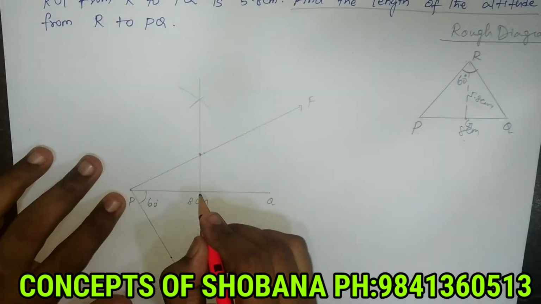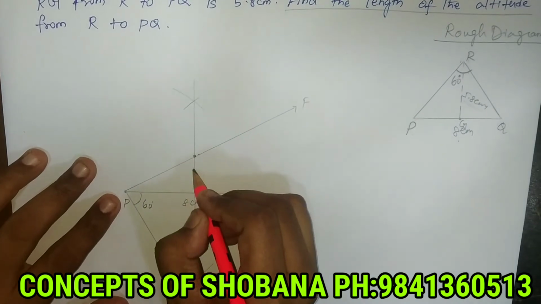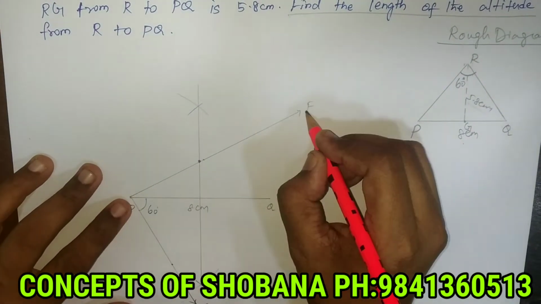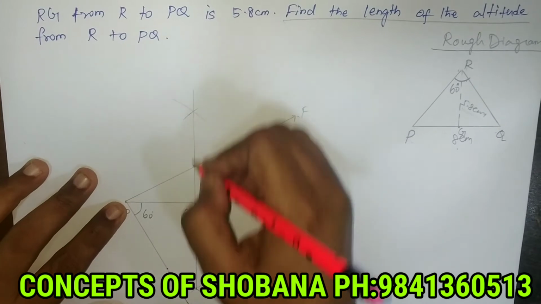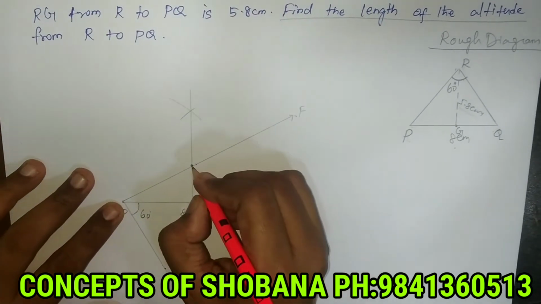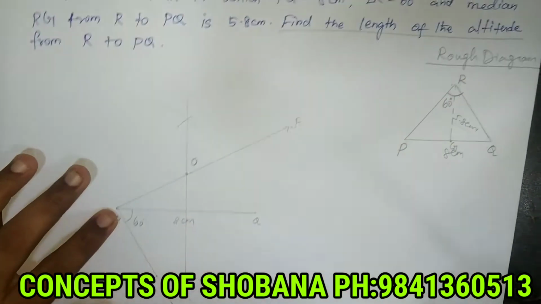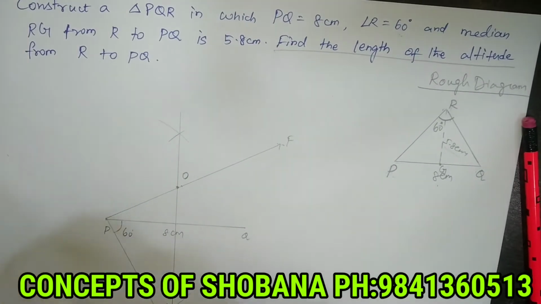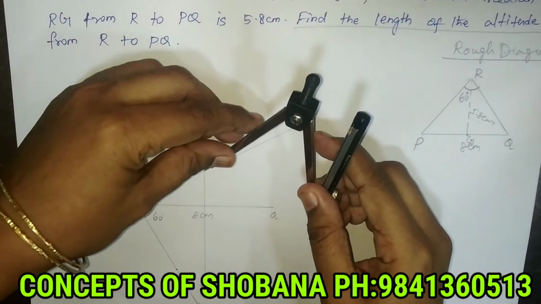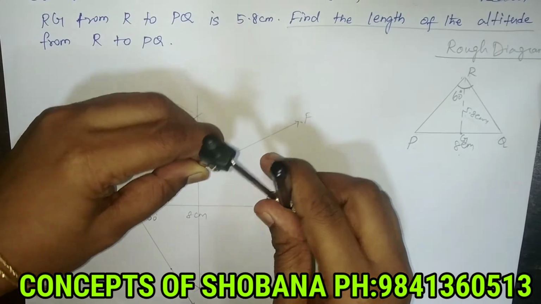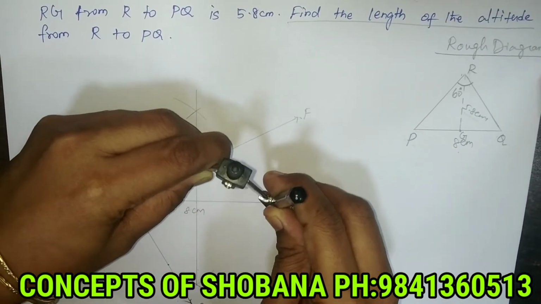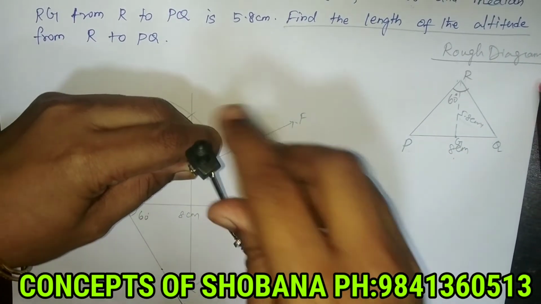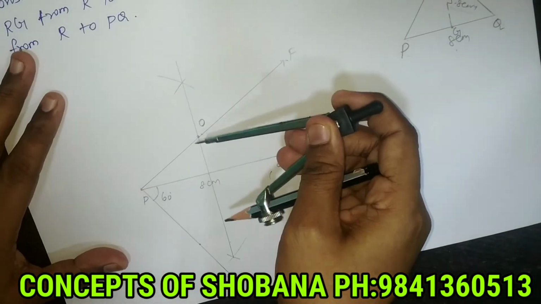You shouldn't mark any other point. This is the intersection point of the line PF, the 90-degree line, and the perpendicular bisector. So now let me take this point as O. Now with O as center, I am going to draw a circle. What is the radius? Either I can take OQ as radius or OP as radius.